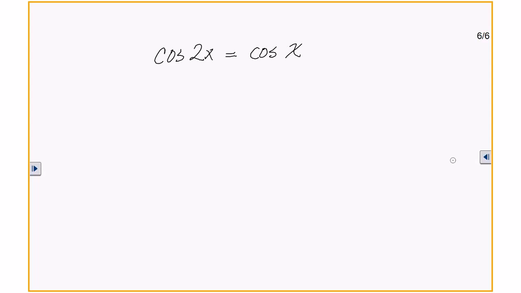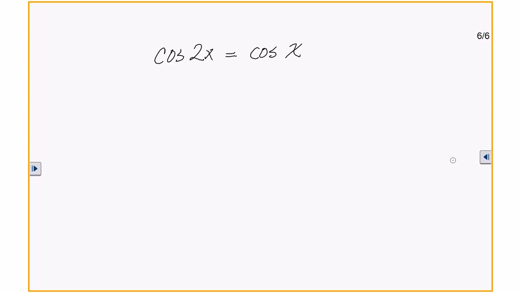Your yellow sheet doesn't have it, but look at your green sheet. Double angle. It's the one that's got the 2A in front of it. Anything that's got a 2A in front of it. This says 2x.